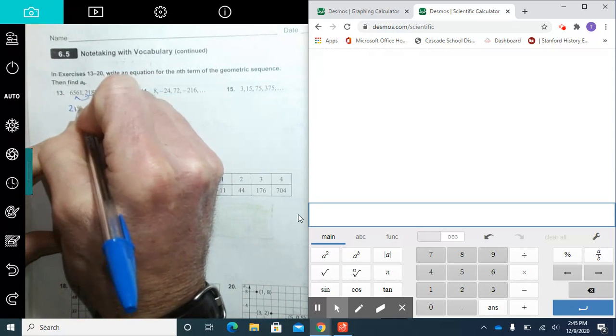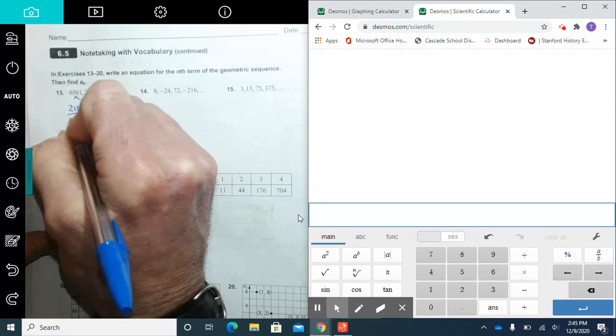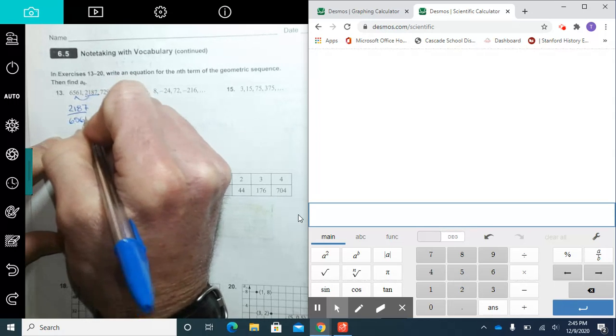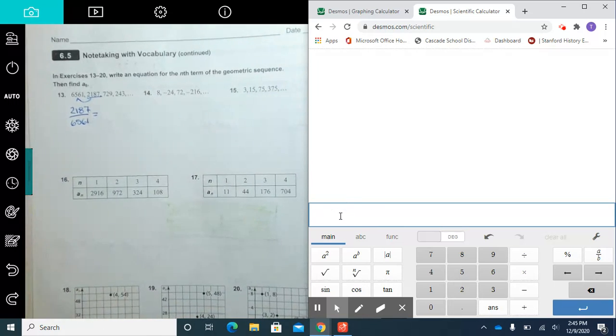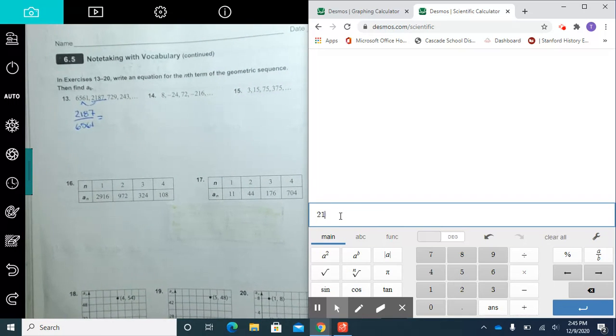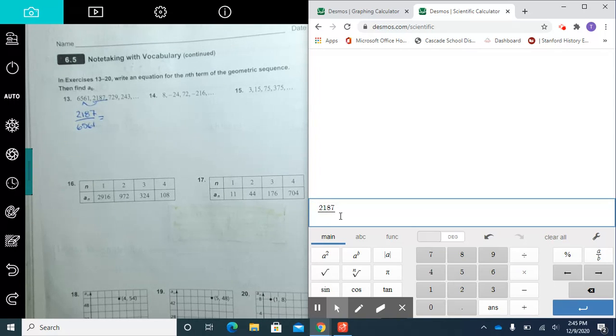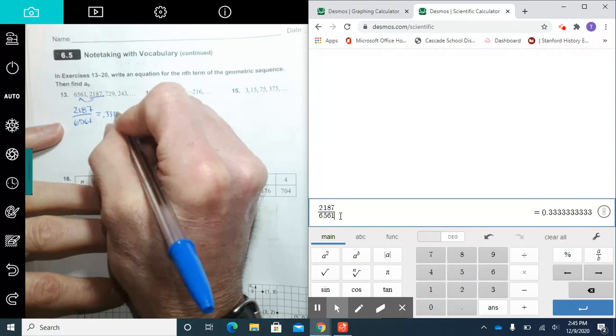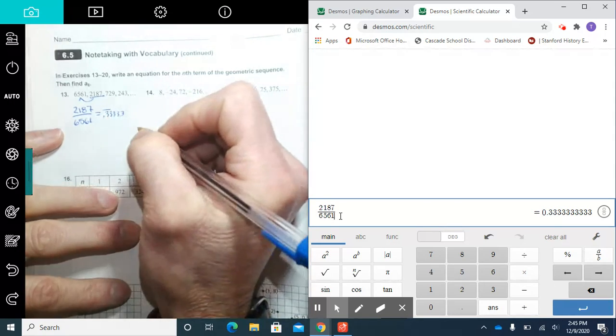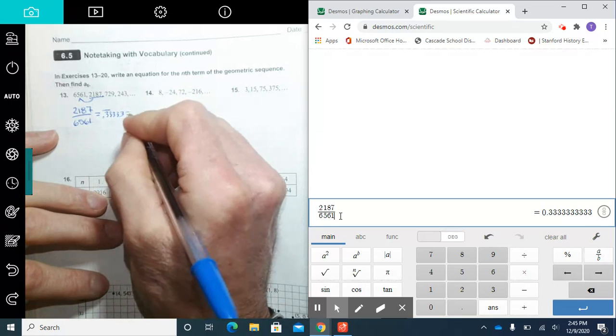So 2187 divided by 6561 equals, and I'll have to do it right here, 2187 divided by 6561, and I get 0.3333333333. Okay, and what that means is that's 1/3.